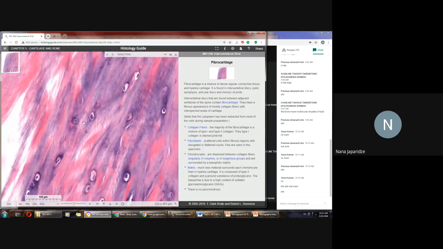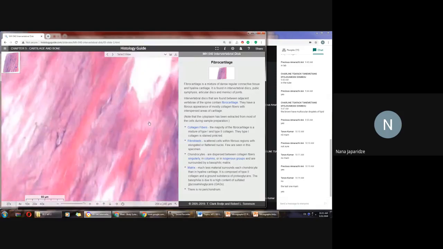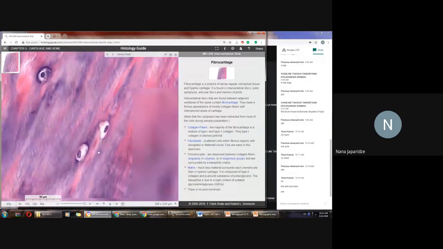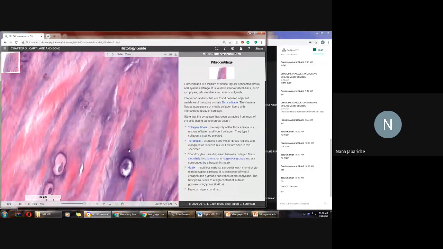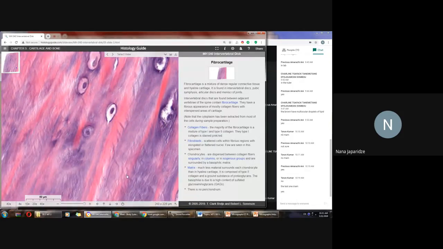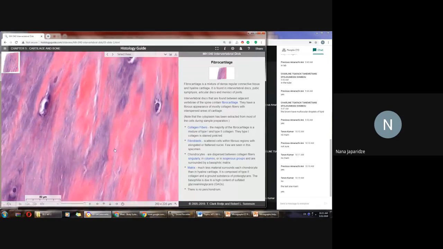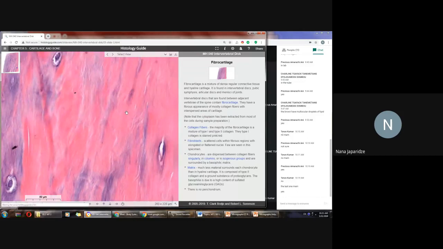Okay. This is a fibroblast here and all other cells are cartilage cells. Look, they all are cartilage cells. Look, fibroblast.